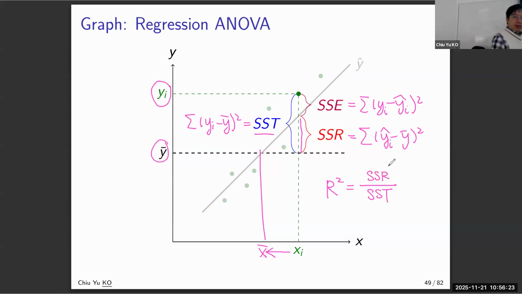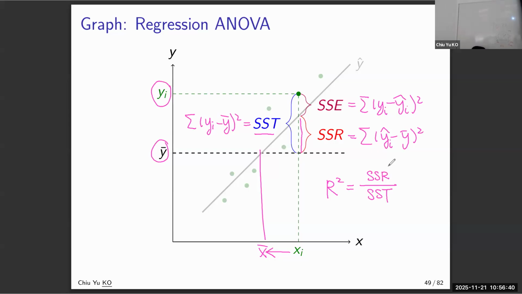as denominator and SSR as numerator, okay? So this will capture the idea of how much variation we want to explain that is explained by your regression, okay?